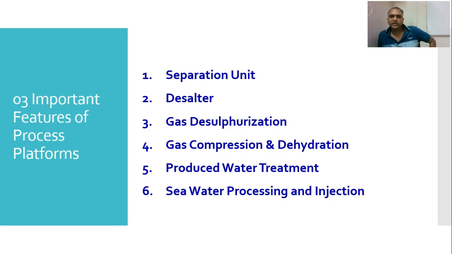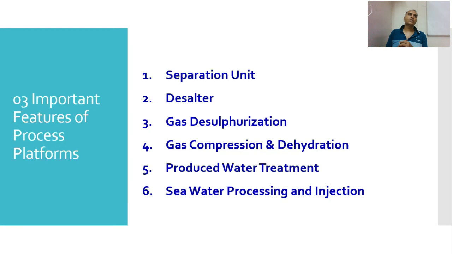Seawater processing and injection is what? Like we have seen that there are certain water injection wells, and in water injection wells we normally use produced water. But suppose the quantity of water that is required for injection is more than the produced water, then what will we do? We have to arrange the water from somewhere.